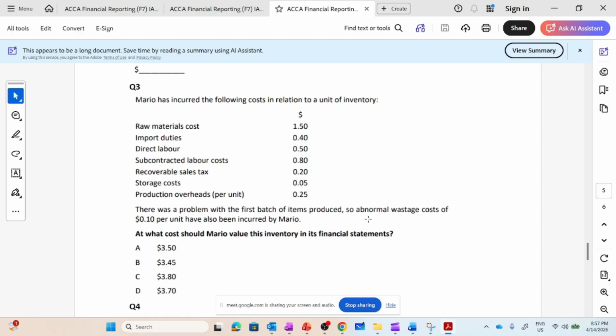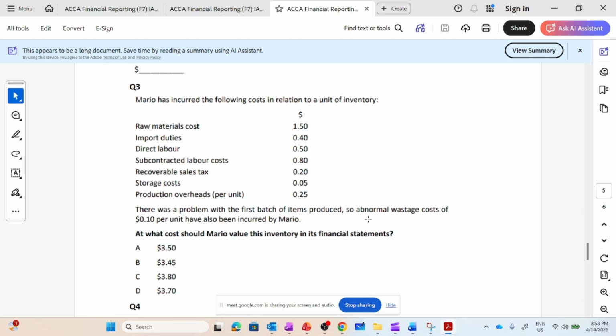So what cost are we going to include? Can you tell me? Raw material cost. Should we include raw material? Yes or no? Yes, sir. Raw material. What about import duties?